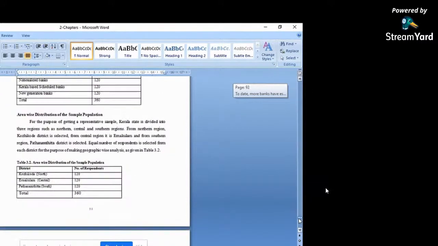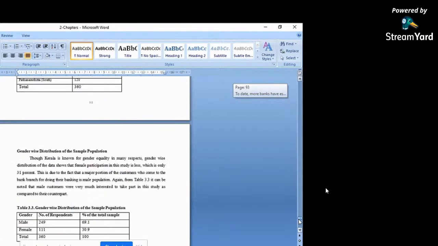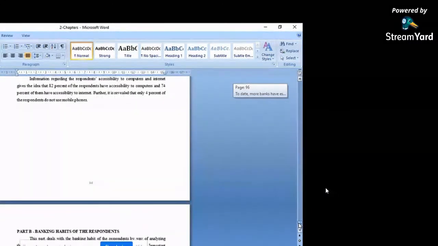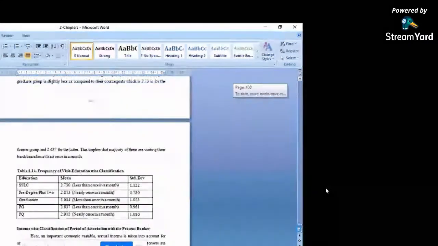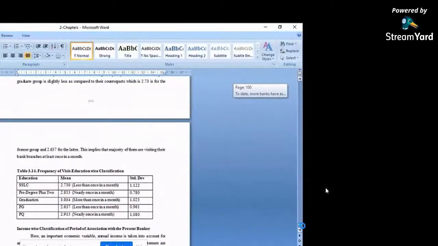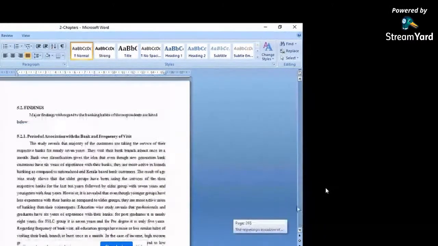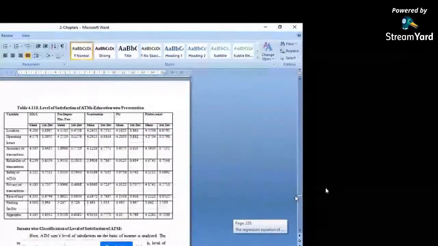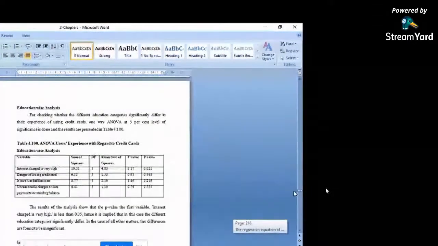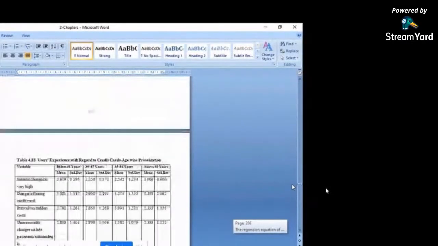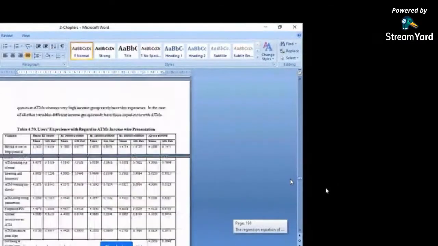You can see statistics, tables, numbers, interpretation, respondents, and likewise you can go ahead. On every page you can see tables: mean, standard deviation, sum of squares. So these are all statistical tables.